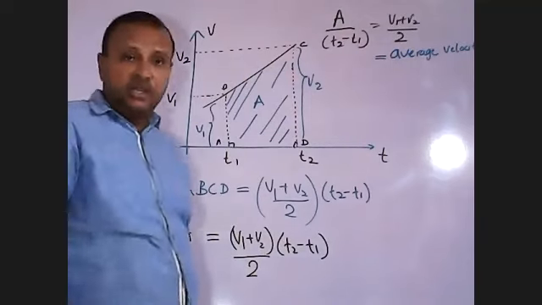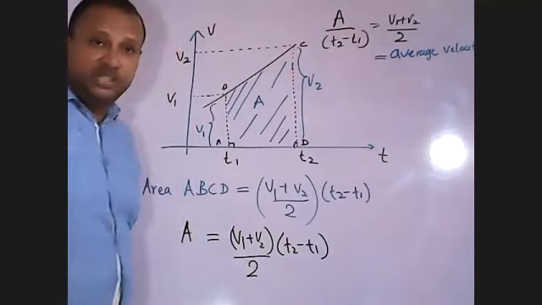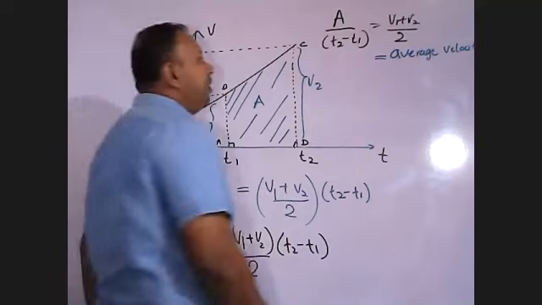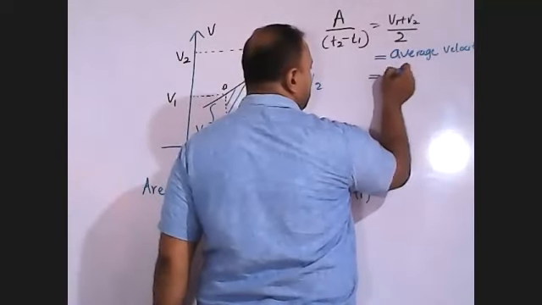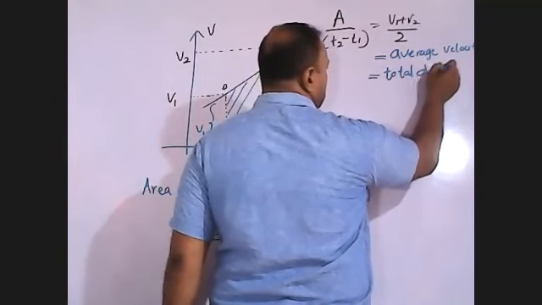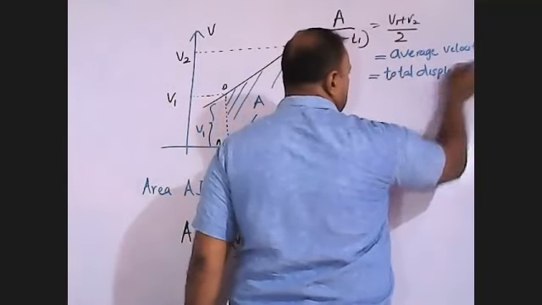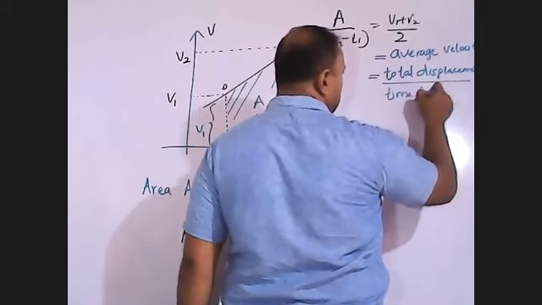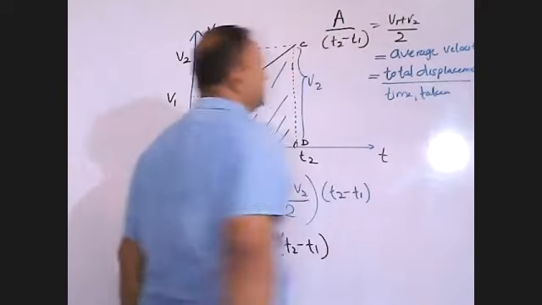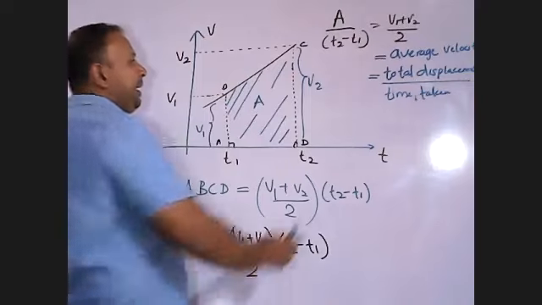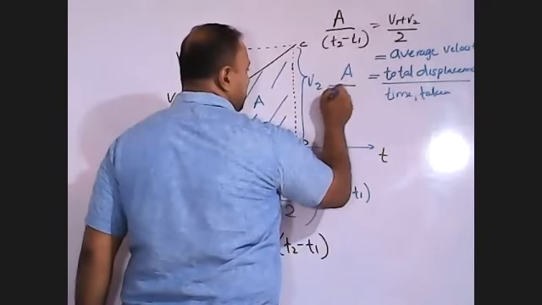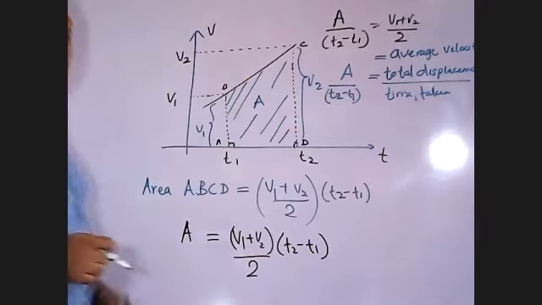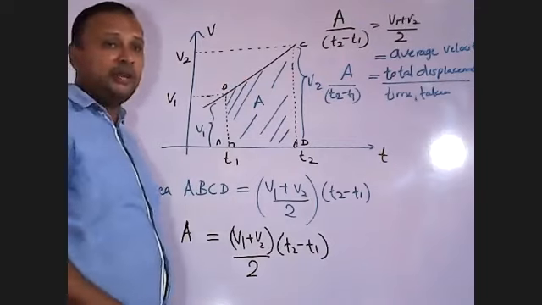According to the definition, average velocity is equal to the total displacement over time taken. So A over T2 minus T1 is equal to total displacement over time taken.